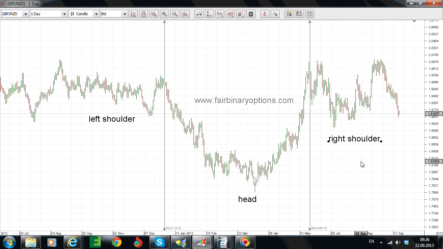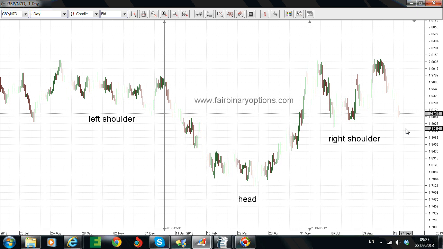There is a strong tendency that the time taken for the left shoulder to form is almost the same on the right shoulder too. It is not mandatory, but the closer the relationship between the two, the more powerful the pattern.